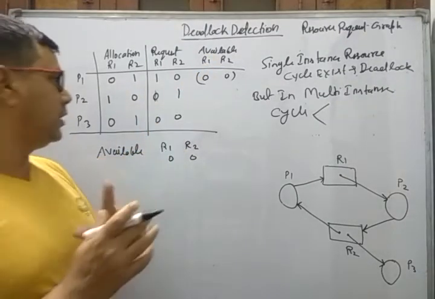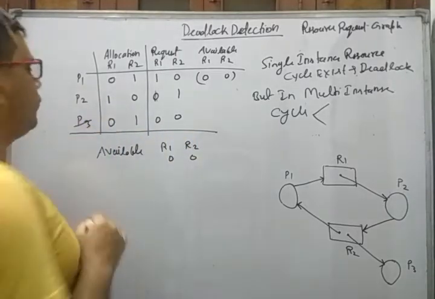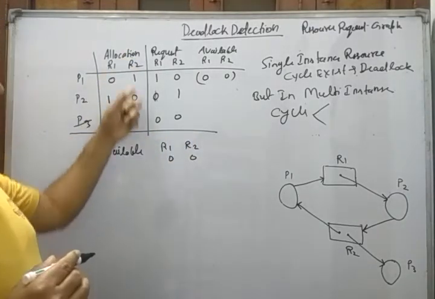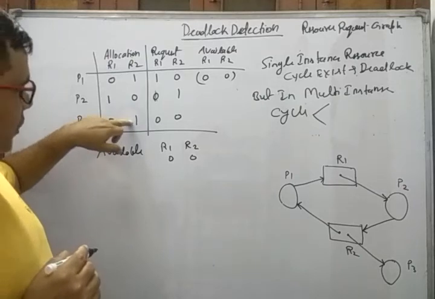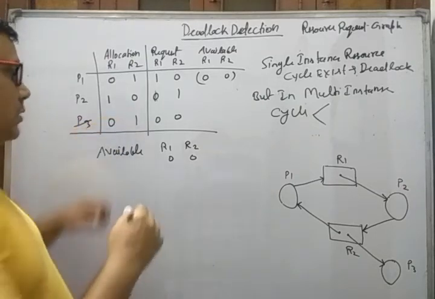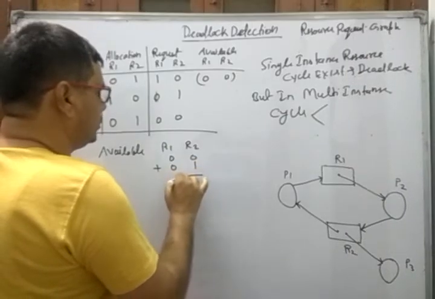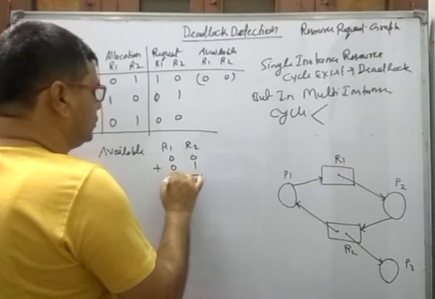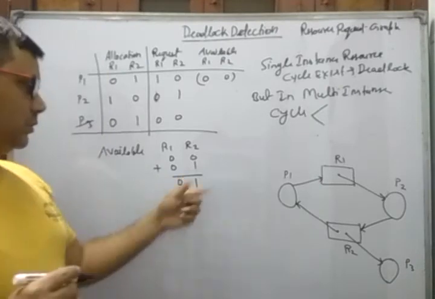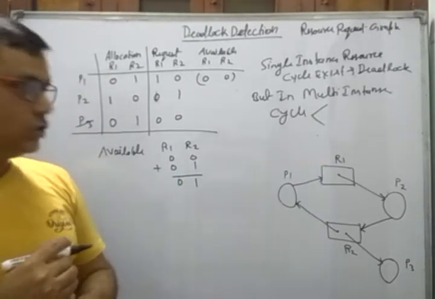Availability of R1, R2 is 0, 0. So P3 will execute. After executing P3, one instance of resource R2 will be released. Then 0 plus 1, and 0, so the latest availability is 0, 1.